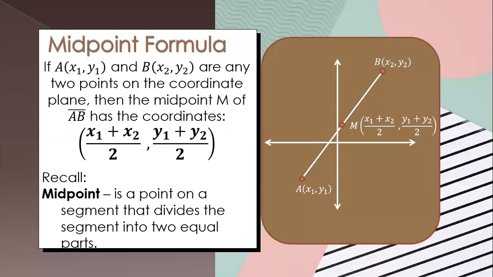Okay, and that ends our distance formula. The sense of the distance formula that you should take note of is that this formula is used if our distance cannot be counted directly. Ginagamit lang natin itong distance formula kapag hindi natin siya pwedeng i-count directly, or medyo malalaki na yung value.